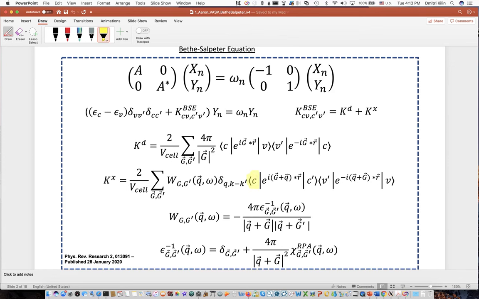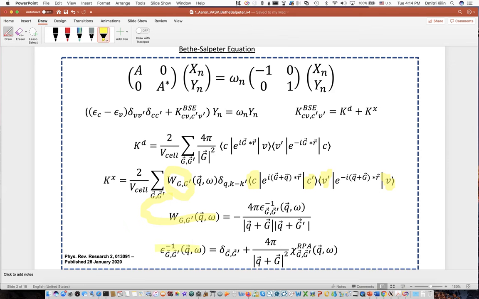We need to compute this W, which is called the dielectric screening. And then the bottom equation is the dielectric constant.